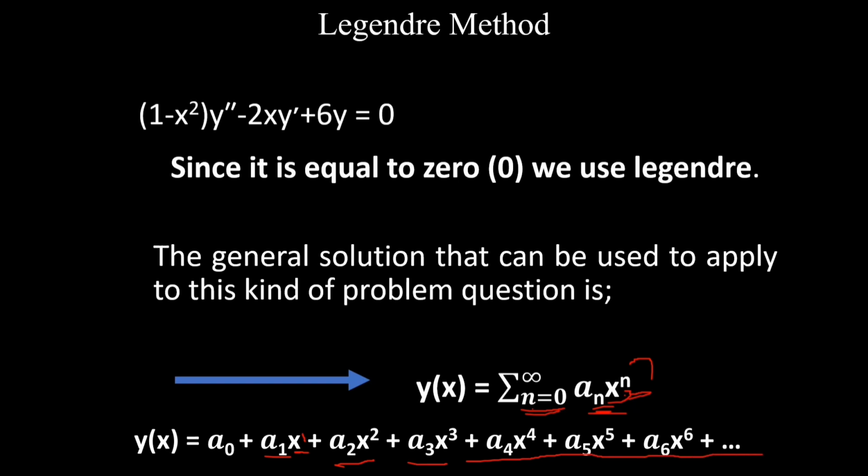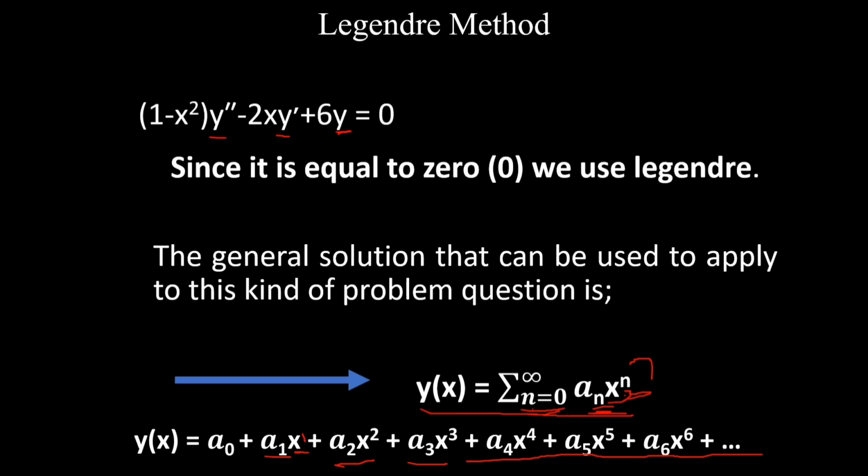Before we proceed, I would like us to look at this equation given to us. From this equation, we have y, we have y prime, and we have y prime prime. This general solution is for y.